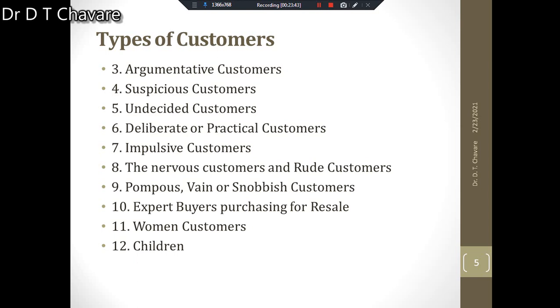Then another type of customer is also there, deliberate or practical customers. What is the next type? Deliberate or practical customers. They are selective, and such customers do not make purchasing decisions unless they find and get the exact product, exact brand, exact articles which they are looking for.